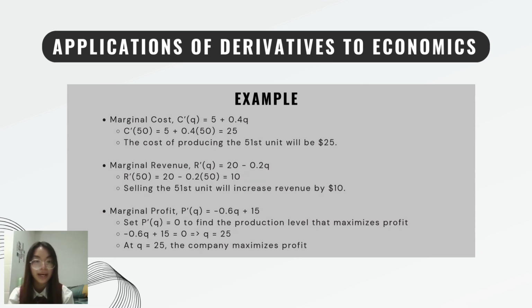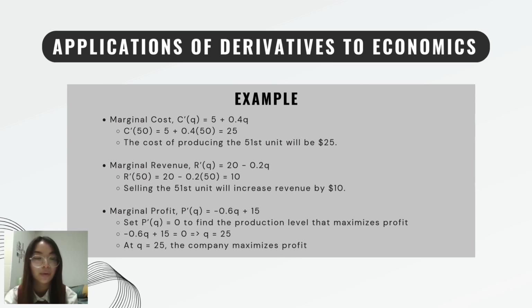Now we can also apply the derivatives of these functions into the business. The marginal cost is the derivative of the cost function. It is equal to 5 plus 0.4q.